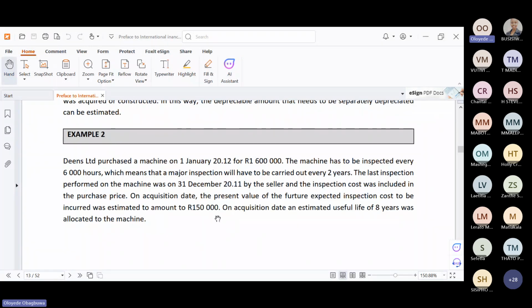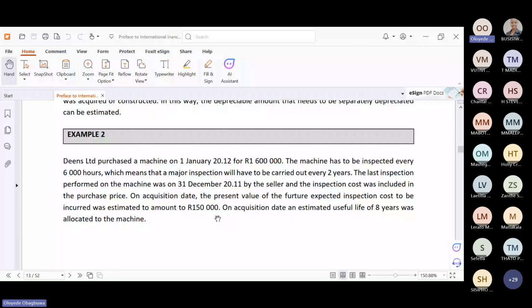Let me just mention this: when you are dealing with PPE, property, plant, and equipment, dates are very important. So when you are reading your questions, be mindful of the dates. They are very, very key to your calculations of either depreciation or additions and all that.